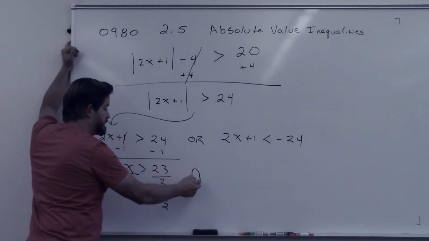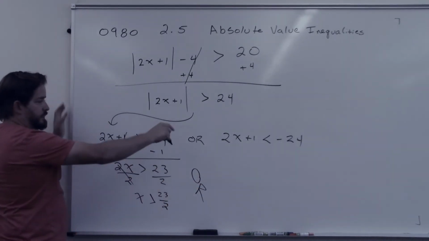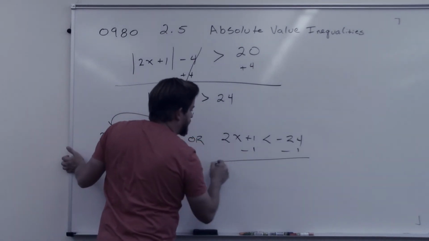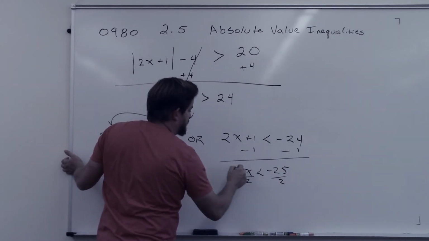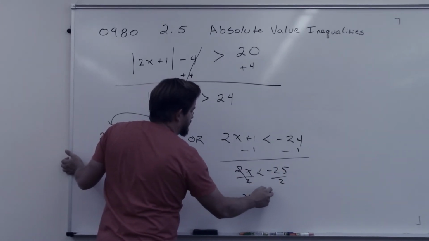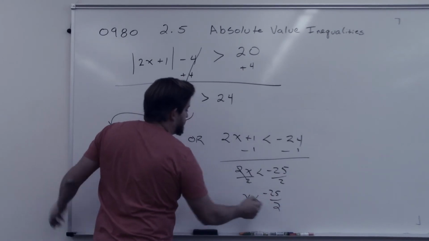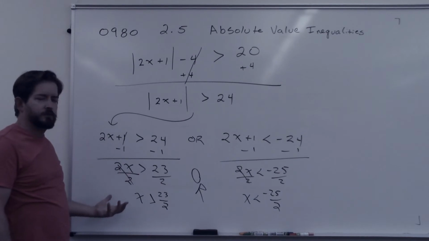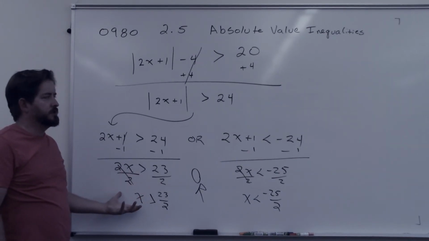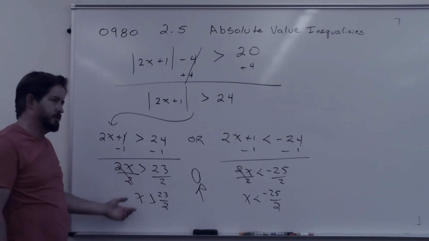Or minus 1, and I get 2x is less than negative 25. Divide each side by 2, I get x is less than negative 25 over 2. And there's my solution. And of course I could graph these, I could put them into interval notation, I know how to do those, but I'm not going to for this one. We're just going to move on.